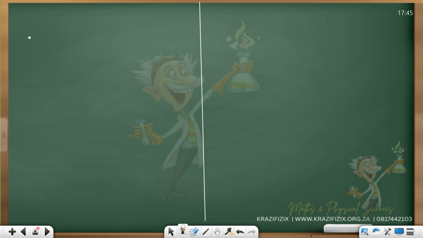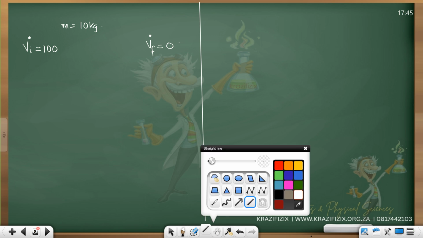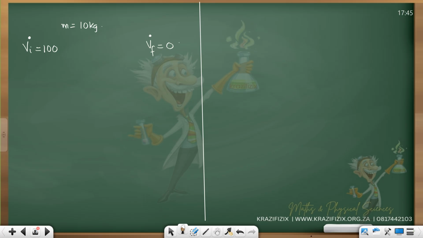If I have an object here and the initial velocity at this point is 100, and the object gets here and stops, let's say the mass is 10 kg. But the time for the object to change its velocity, T1, the object could use 10 seconds and the object could use 20 seconds.